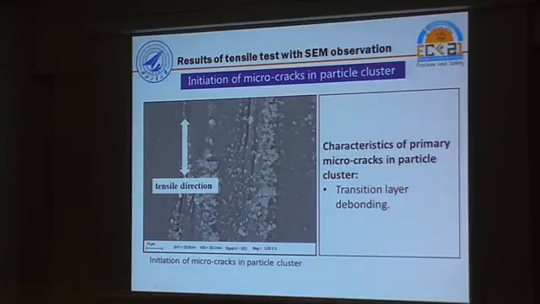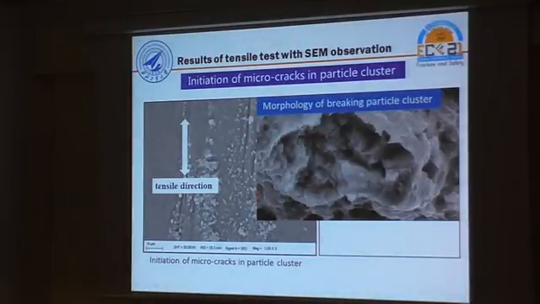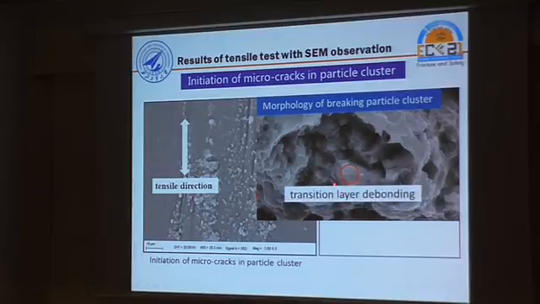Now these are the microcracks in particle clusters. We mainly conclude that the primary microcracks in particle clusters are due to transition layer debonding. This is mainly the quasi-cleavage plane.